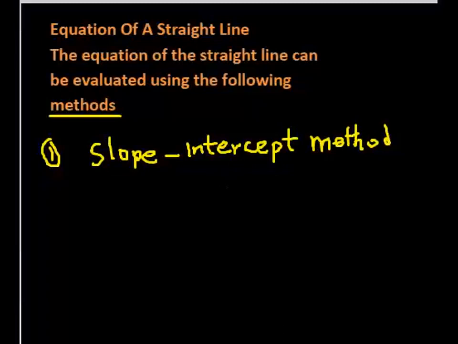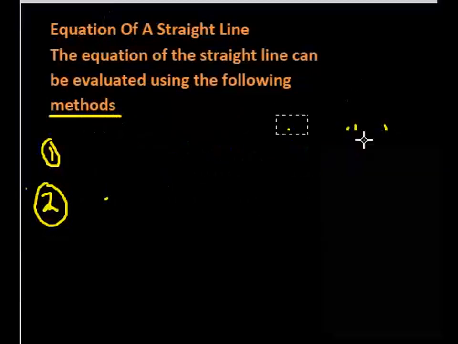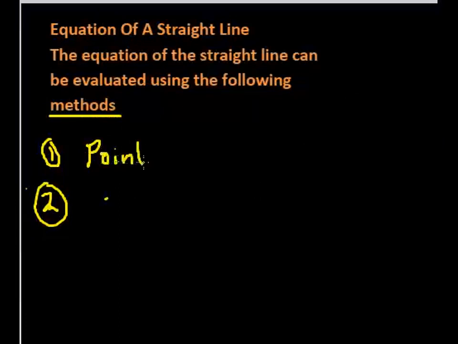Please pardon me, let me not mix it up. The first method is the point slope method, a point and a slope.